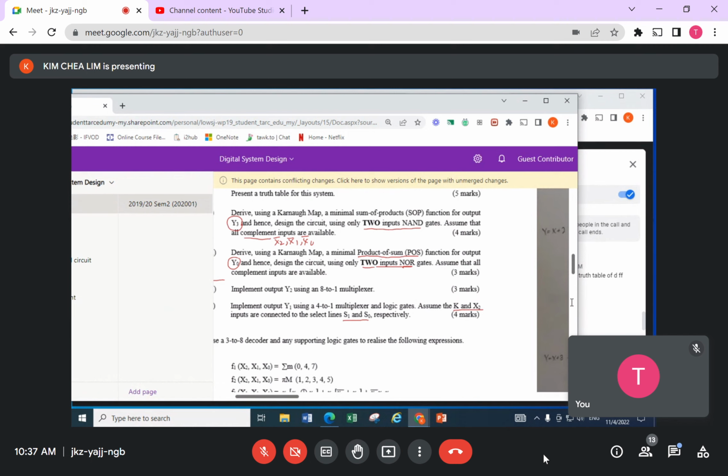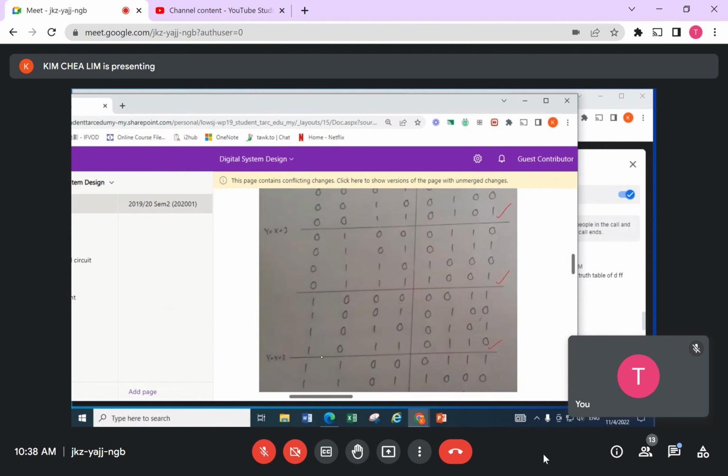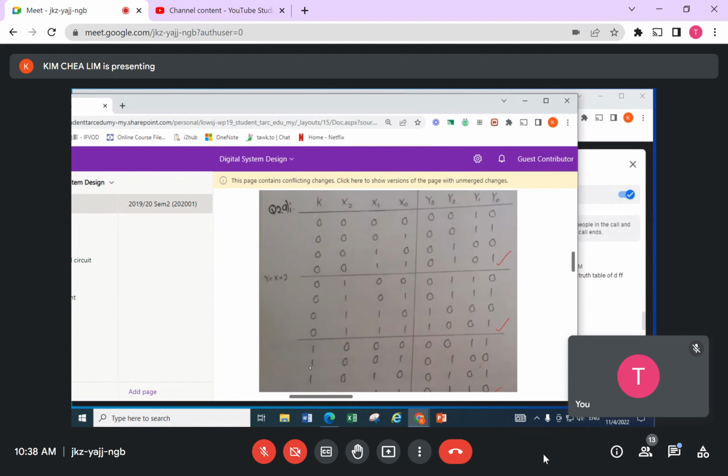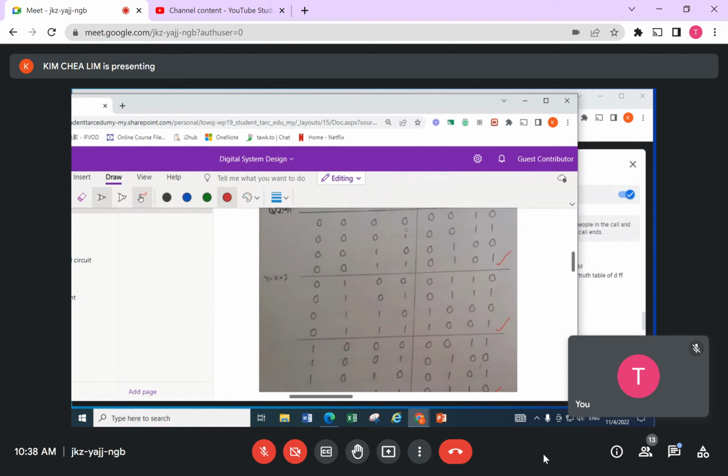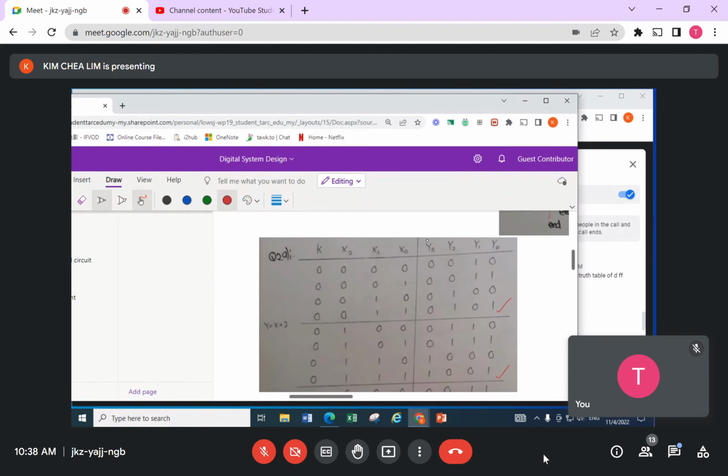Now look at this one here. Y2, I can directly get from this Karnaugh map here, then later transfer it into the multiplexer's inputs. So there's no need for you to go and write one more time. Directly use here. Use pen to write here, then later use pencil to write at the side there.